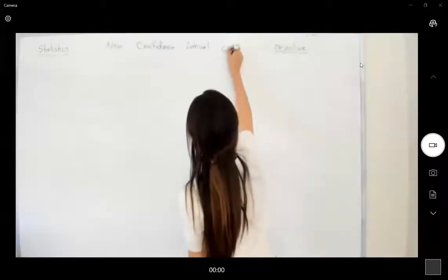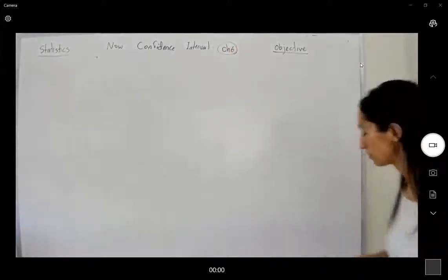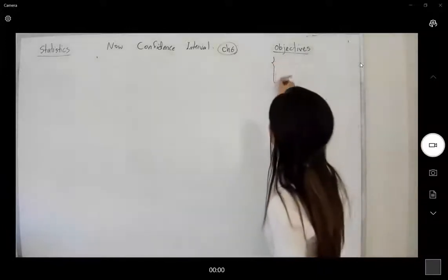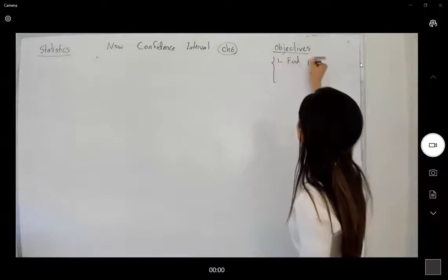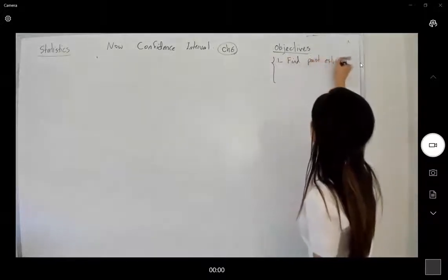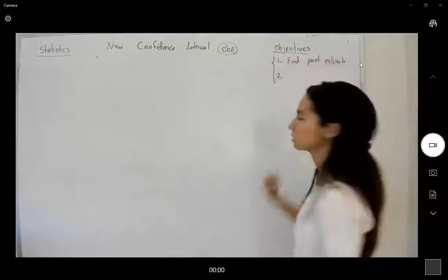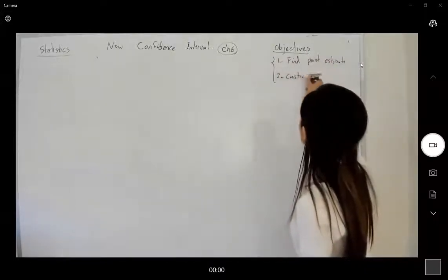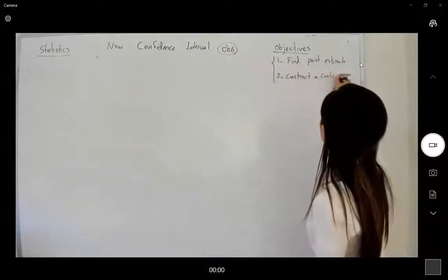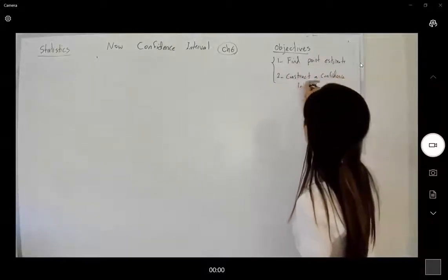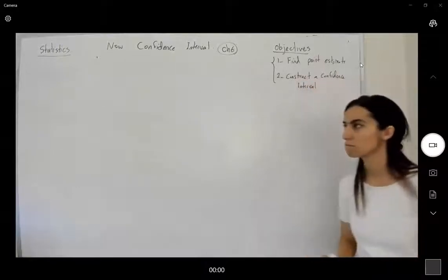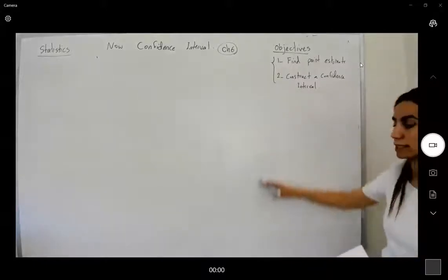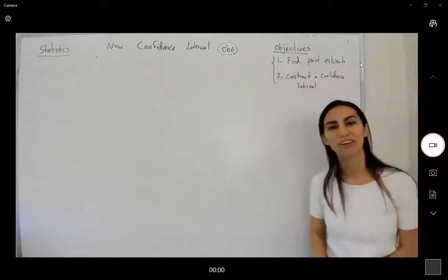This is for chapter 6. First, find point estimate. Second, construct a confidence interval. I'm going to write down the definitions and list all the steps for you. Then we're going to go over examples.